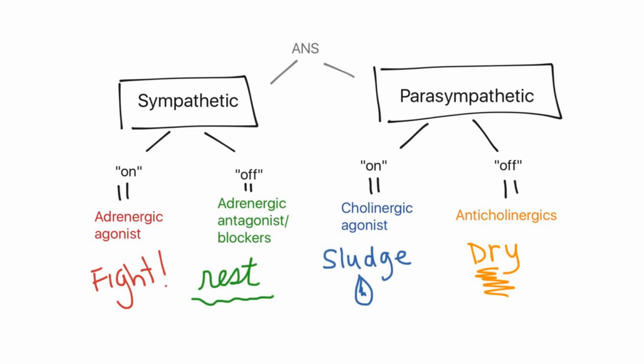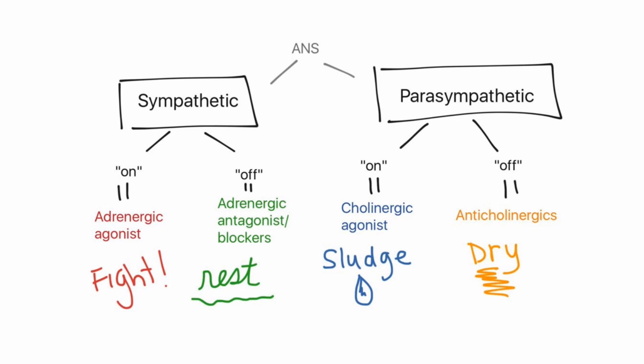If we're talking about illicit sympathomimetics, we'd be talking about something like cocaine. So cocaine turns on the sympathetic system, and that's why you get so many sympathetic symptoms with cocaine: tachycardia, sweaty, extremely high blood pressure. They can get heart attacks because of the high blood pressure and the tachycardia.